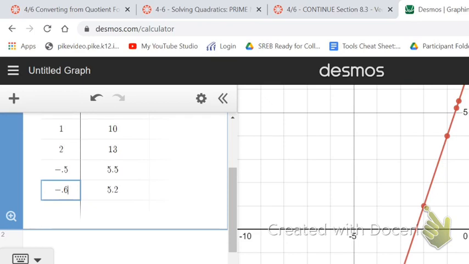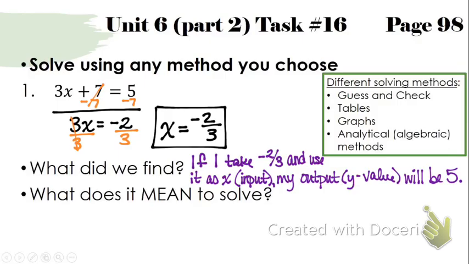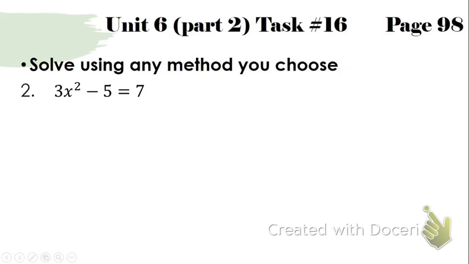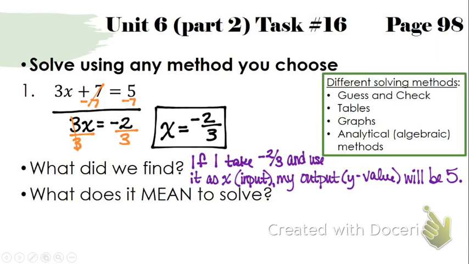I want to look at the second one down on your page, and we're going to keep coming back to this because sometimes our analytical methods break down. Let's look at number 2. Oh, we didn't answer this question yet. What does it mean to solve?